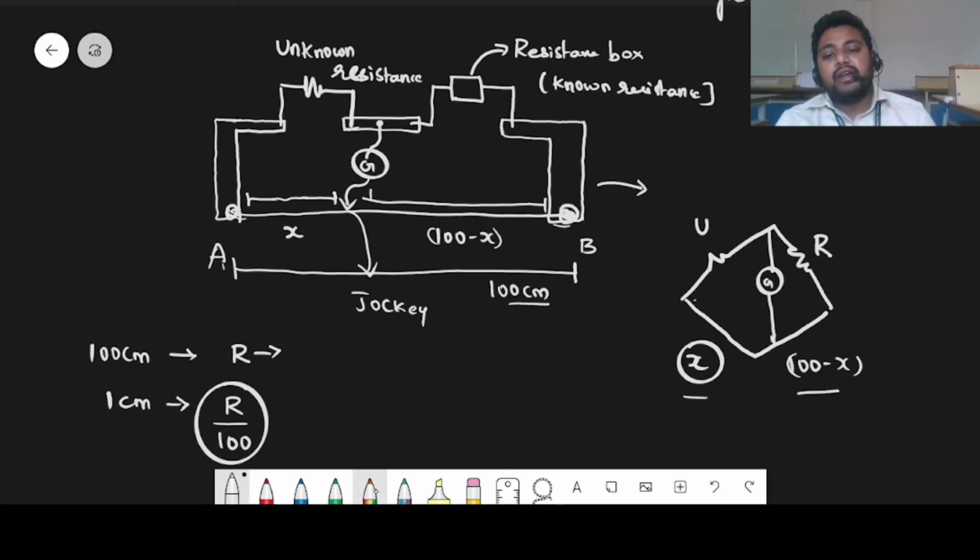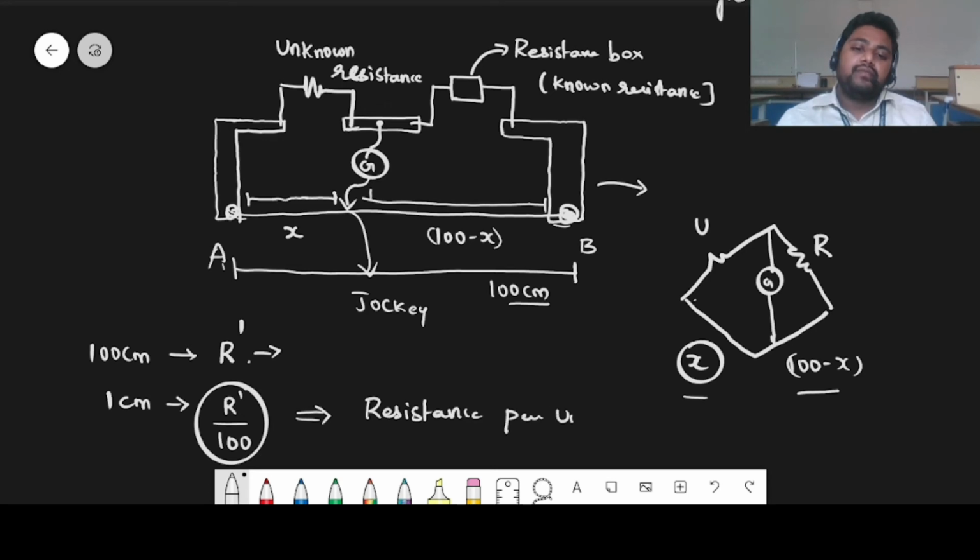If you are getting confused, let's say I am going to take it as R dash, the resistance, so R dash by 100. That means for every 1 centimeter, R dash by 100 is the resistance. We take this ratio, that is resistance per unit length, as small r. Small r is equal to R dash divided by 100.